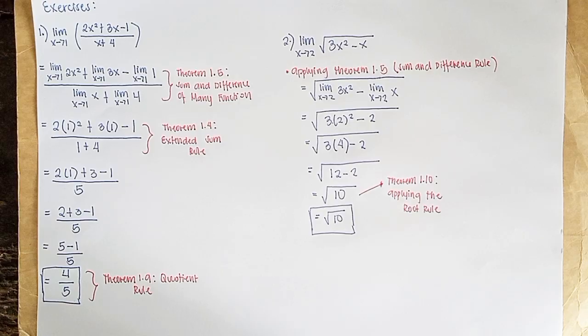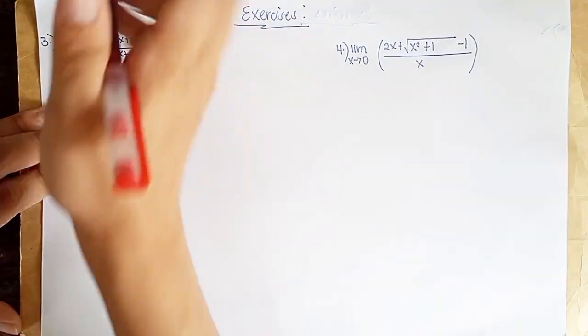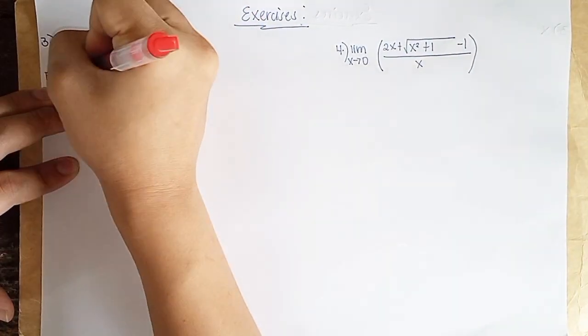Now we all know that 12 minus 2 makes the square root of 10. And since there is no perfect square root for 10, our answer is the square root of 10. So the limit as x approaches 2 of the square root of 3x squared minus x is equal to the square root of 10. Now let's proceed to exercise number 3.